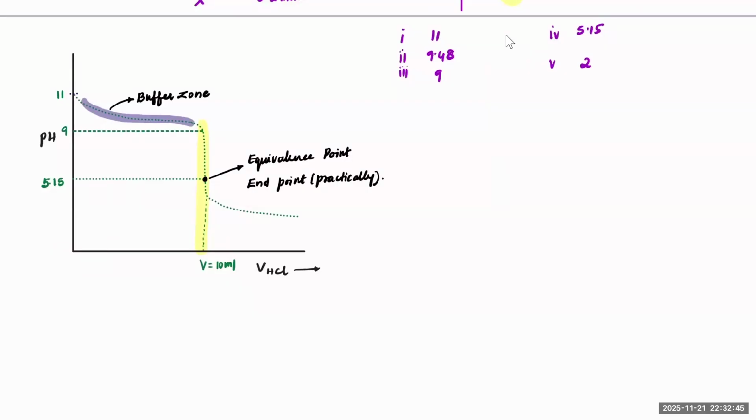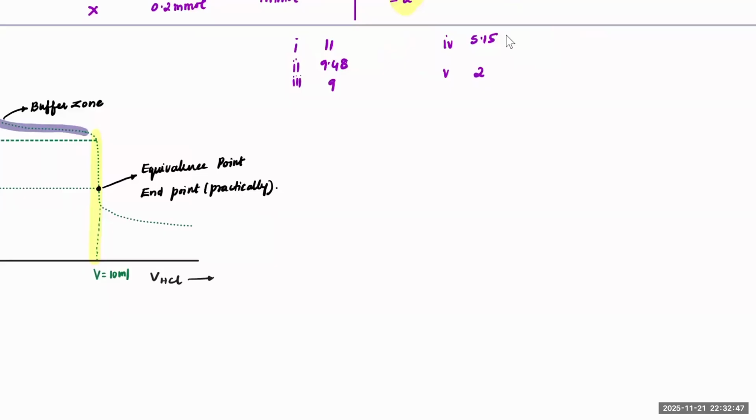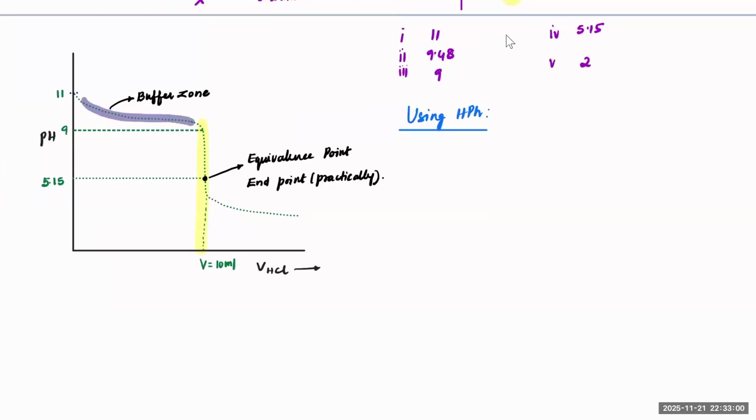Now tell me, if at all using phenolphthalein as the indicator, what is the issue here and what would happen if you have methyl orange being used? Using phenolphthalein, notice this one. Initially, we started off with 11, and 11 means the phenolphthalein color is a complete pink color.